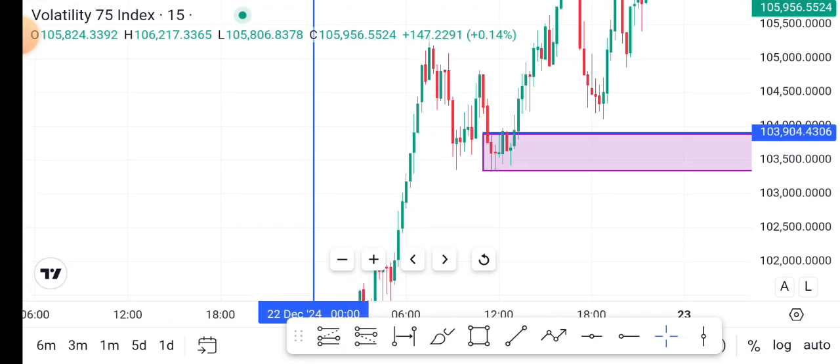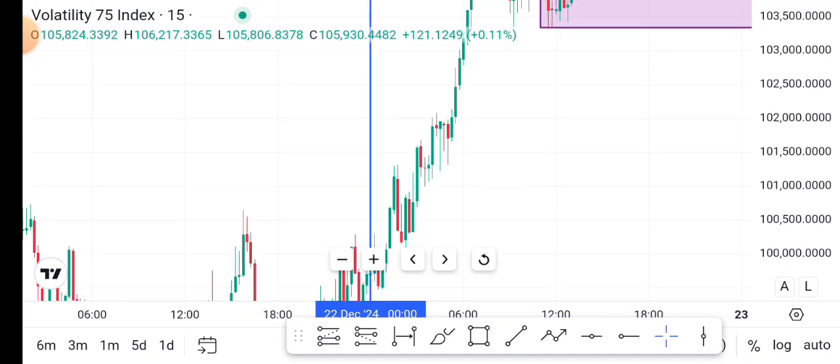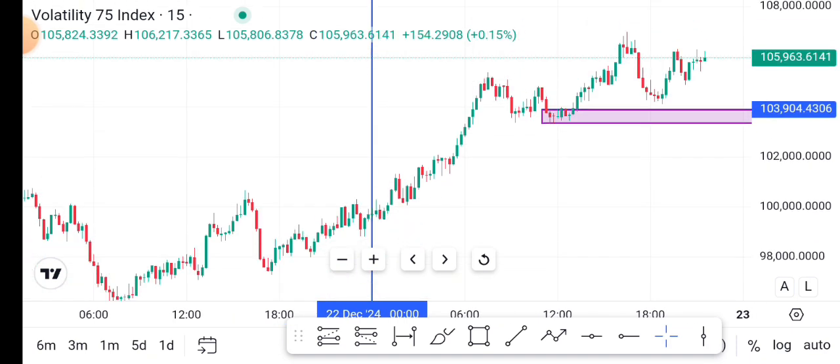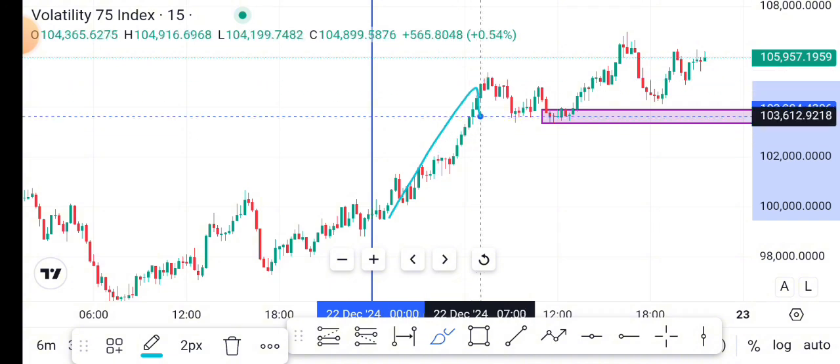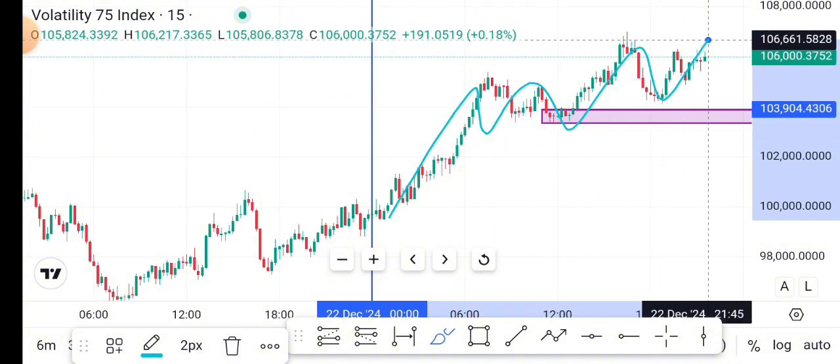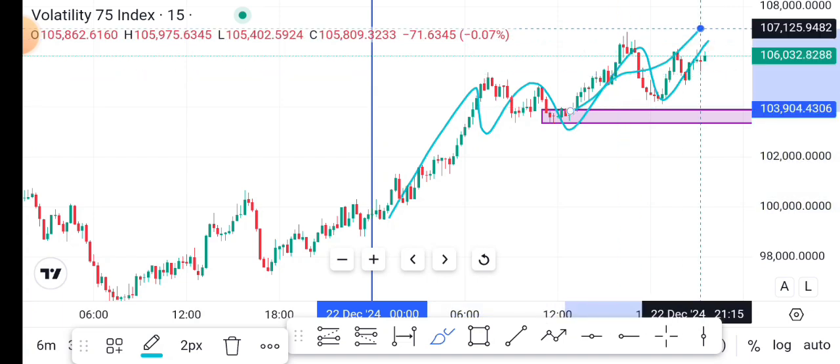So let us move on from that. We had a bias and we were right. We managed to predict where the market is heading. All day the market has been making high highs and high lows. So our strategy is that if the market is making high highs and high lows, we have to catch the continuation and we move on.